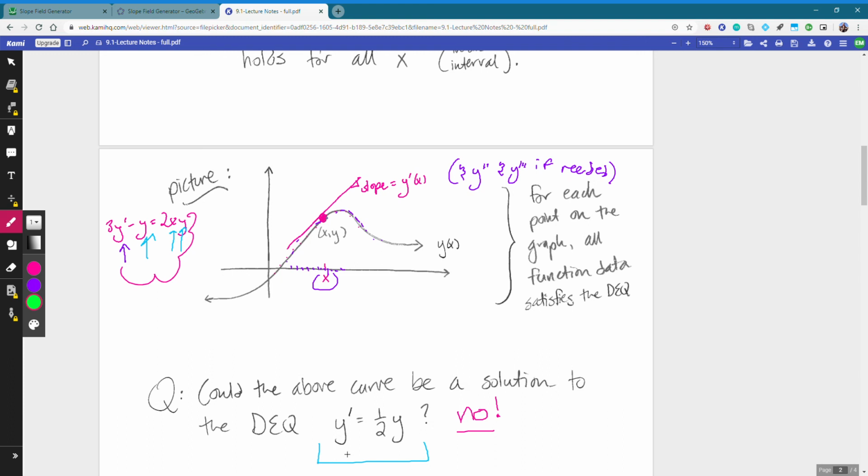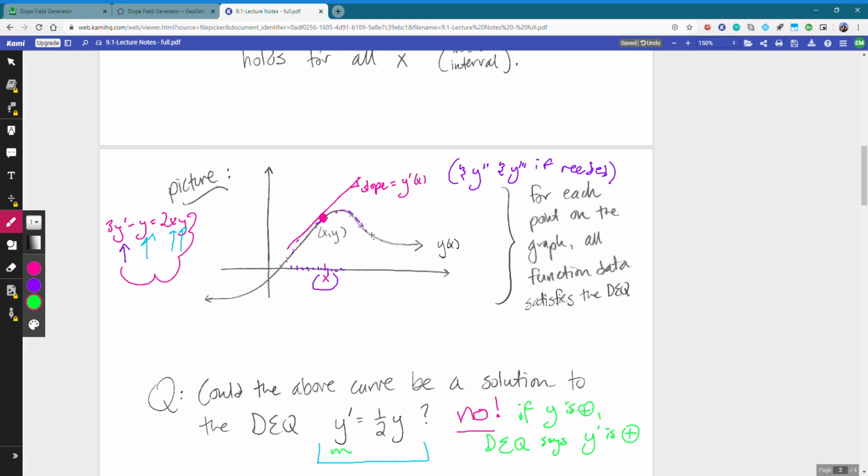And if you look at our differential equation, it says that our y prime, our slope of the tangent, is always 1/2 of our y. And so, if y is positive, our differential equation says that y prime is 1/2 of that positive number, which is still positive.